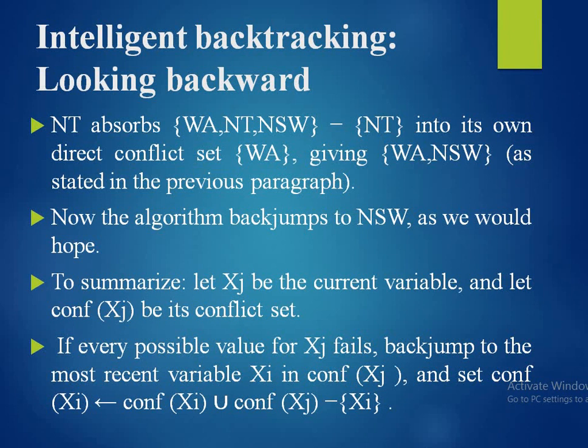To summarize, let Xj be the current variable and let conf(Xj) be its conflict set. If every possible value for Xj fails, backjump to the most recent variable Xi in conf(Xj) and set conf(Xi) to conf(Xi) union conf(Xj) minus Xi.